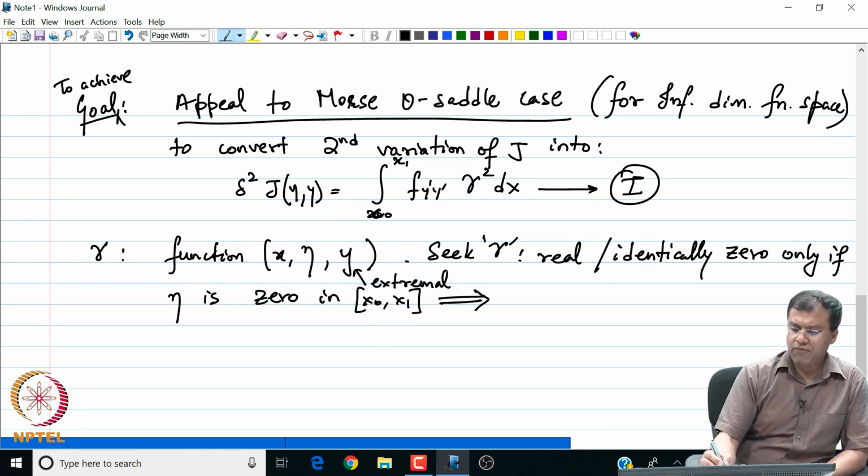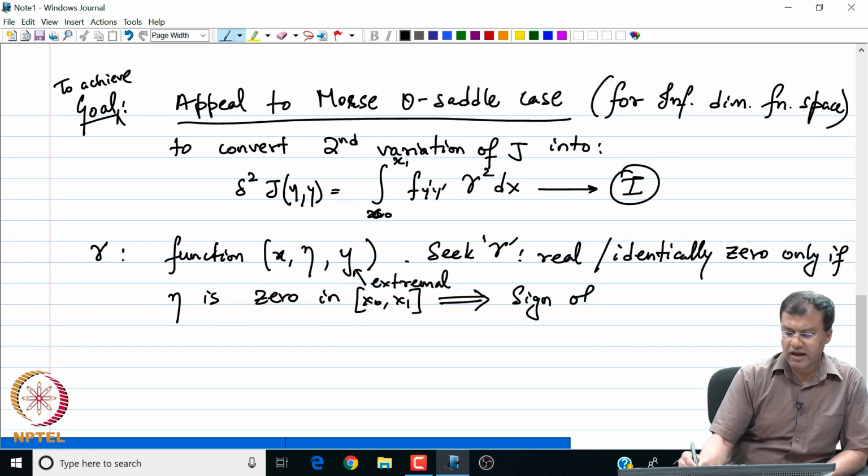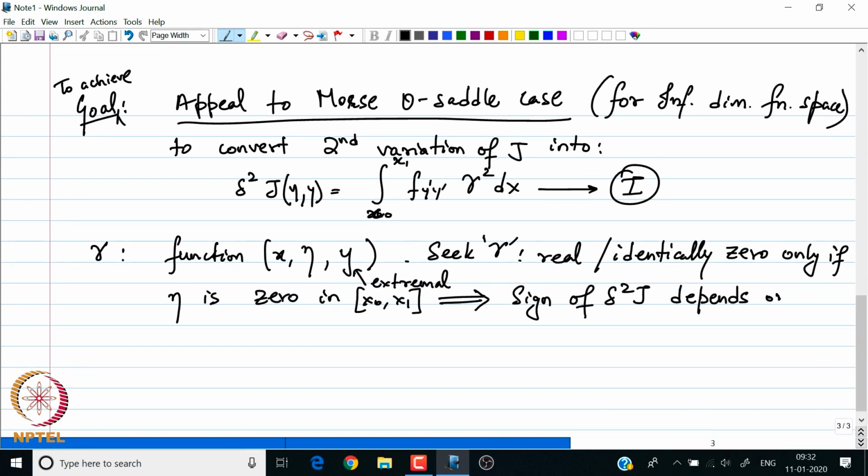If we are able to find such a gamma which is real valued and vanishes when eta vanishes, then we are guaranteeing that the sign of the second variation depends completely on the sign of the second derivative f y prime.